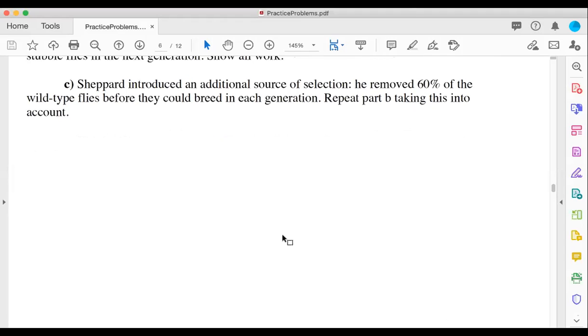Shepard introduced an additional source of selection by removing 60% of the wild type flies before they could breed in each generation. So let's repeat part B, but take this into account, that in Shepard's original experiment, he'd take out 60% of the wild type flies before they could breed.